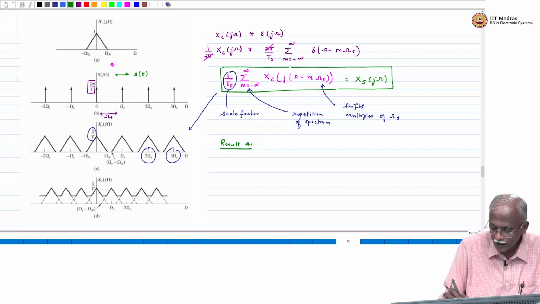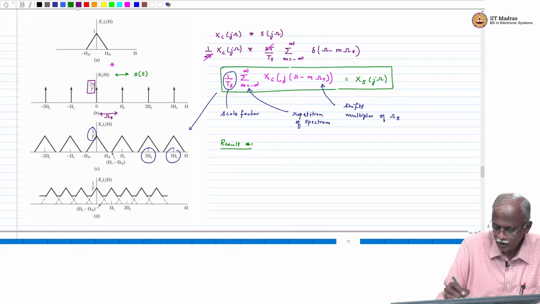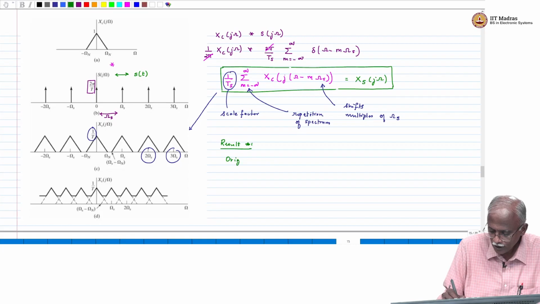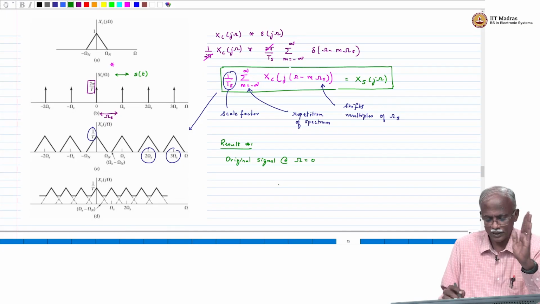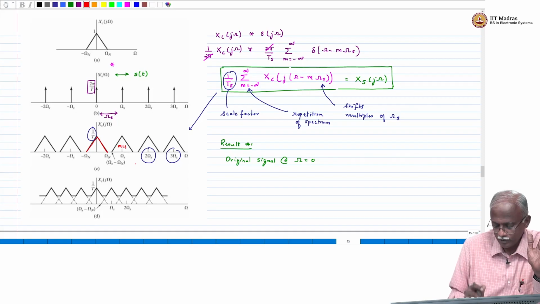Okay, the first copy, or the original signal, is at omega equal to 0. That's the original signal. Okay, let's highlight it in red. Okay, the first copy corresponding to m equal to 1.